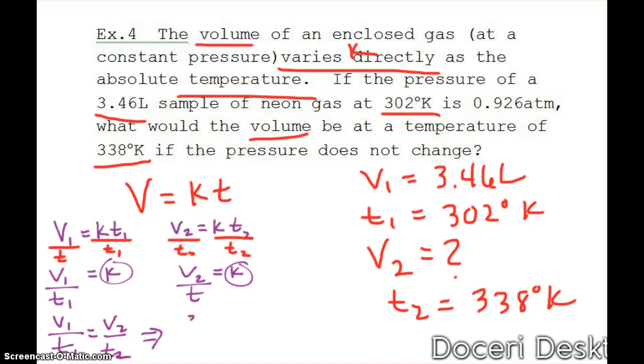Volume 1 is 3.46 liters, and the temperature 1 is 302 degrees Kelvin. That's going to equal volume 2, which we don't know what that is, so I'm just going to leave V2 there, over 338 degrees Kelvin. And then we have a proportion to solve. You're just going to cross multiply.